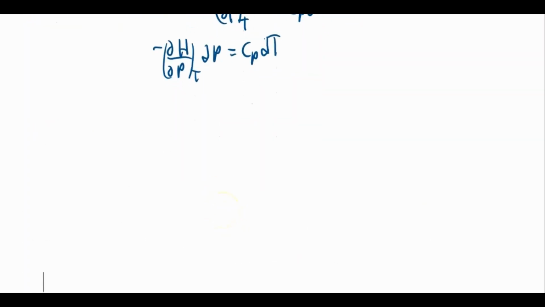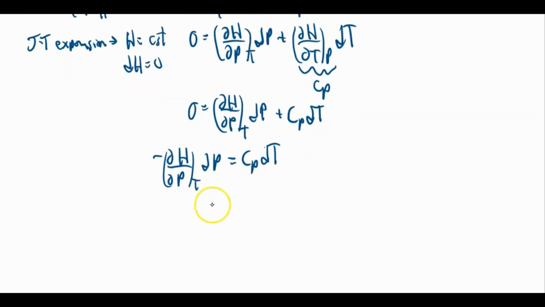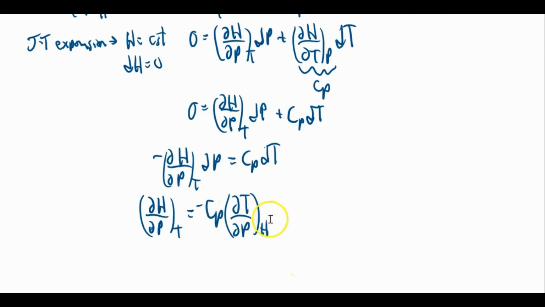So we get the partial derivative of enthalpy with respect to pressure, holding temperature constant, equals negative Cp times dT over dP. These become partial derivatives because we're holding enthalpy constant, and this here is our Joule-Thomson coefficient.